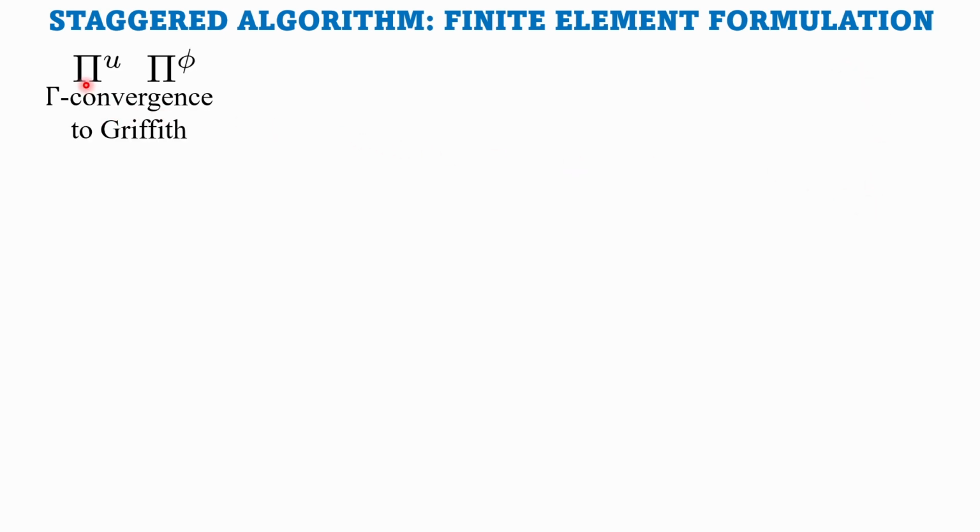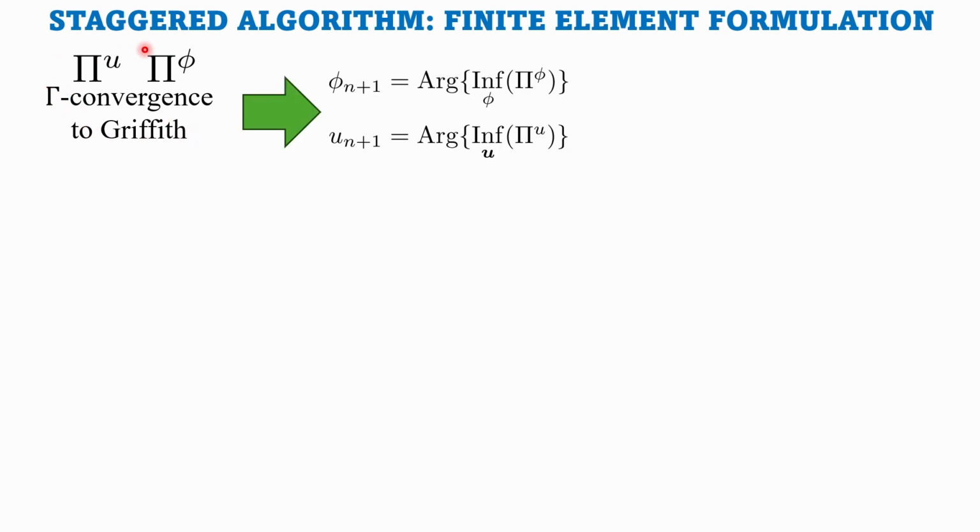So we have pi u and pi phi, and our ultimate goal is to reach the Griffith problem, because the Griffith formulation is the mother of all fracture formulations, and every variational formulation will eventually gamma converge to the Griffith problem, as I told you in the previous video, correct? So when this happens, we say that phi and u are the solutions of the extremization problem of pi u and pi phi respectively.